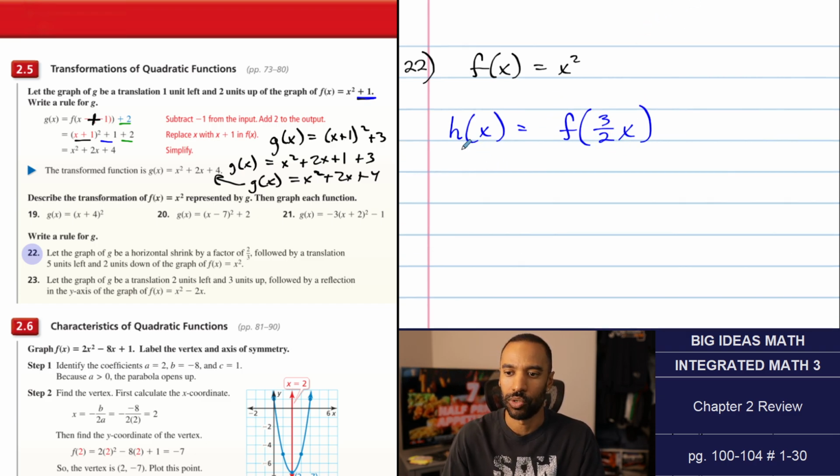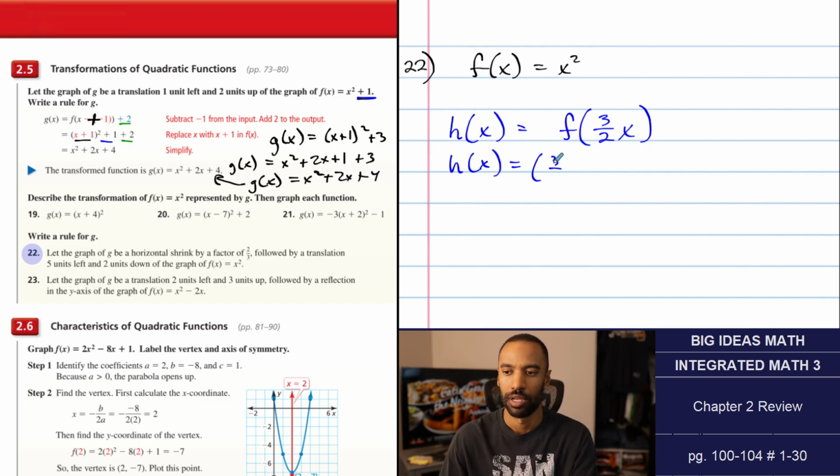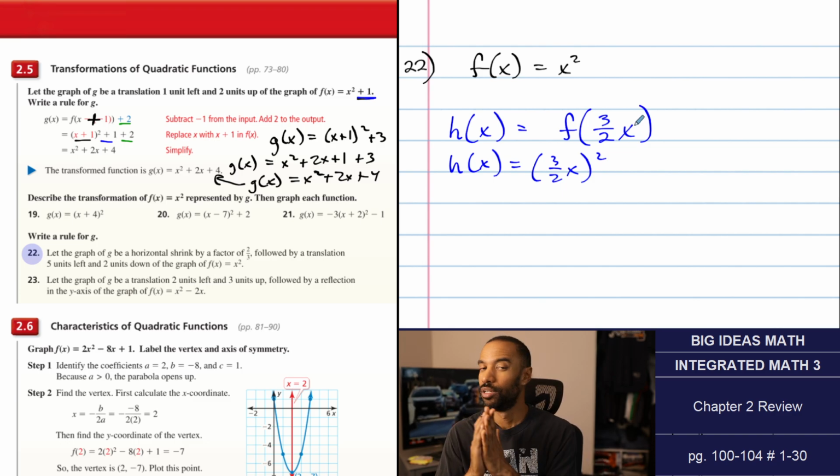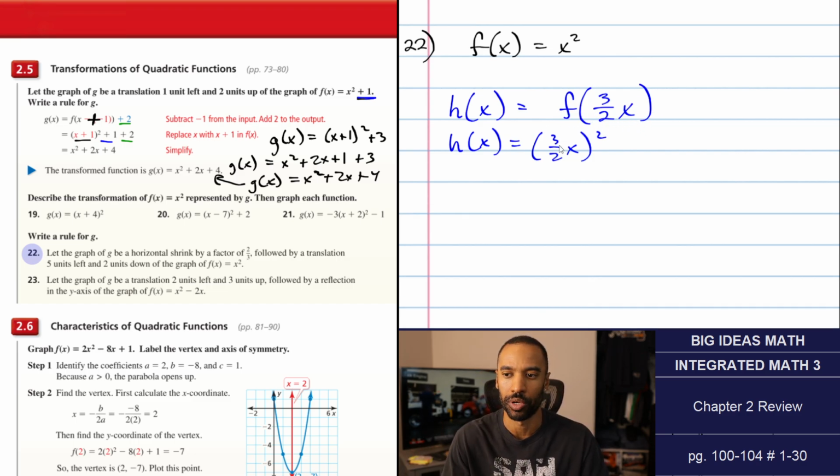So what we're going to do now here is h of x will be 3/2 x will replace x, so (3/2 x) quantity squared. My personal preference is to not have this horizontal shrink inside of here, but instead turn it into a vertical stretch by doing what? Squaring the 3/2, turning it into 9/4, and the x is still squared.